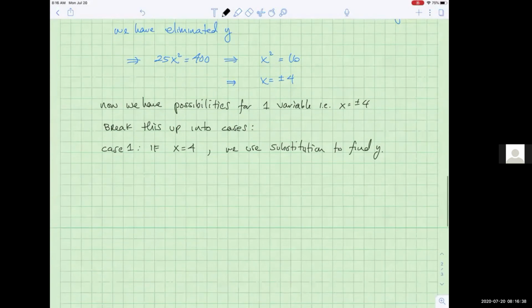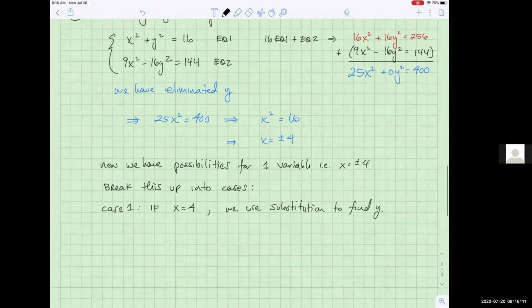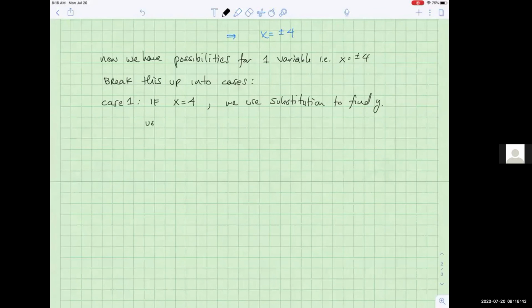So I'll go back up here and I'll choose either one of these equations. I'll just use equation 1. Using equation 1 that says x squared plus y squared is equal to 16, and x is equal to 4, what we're going to get is 4 squared plus y squared is equal to 16, or 16 plus y squared is equal to 16, which implies y squared is equal to 0, which implies y equals 0.